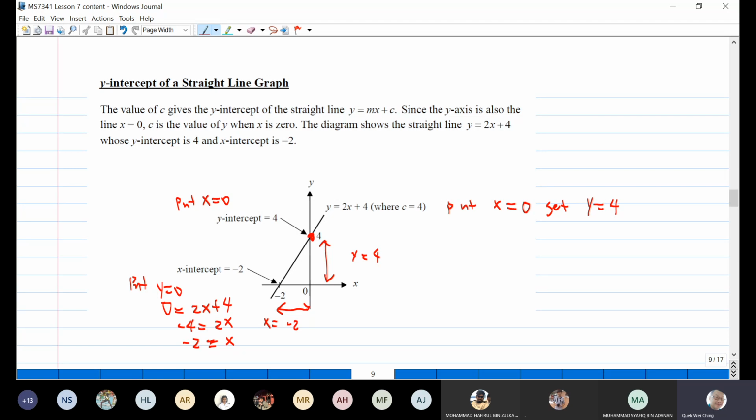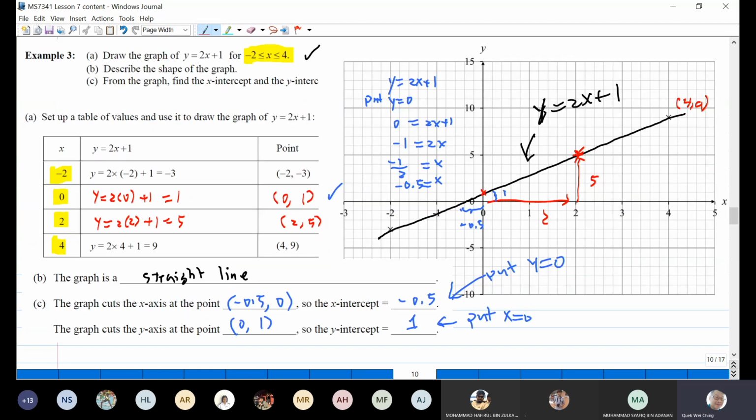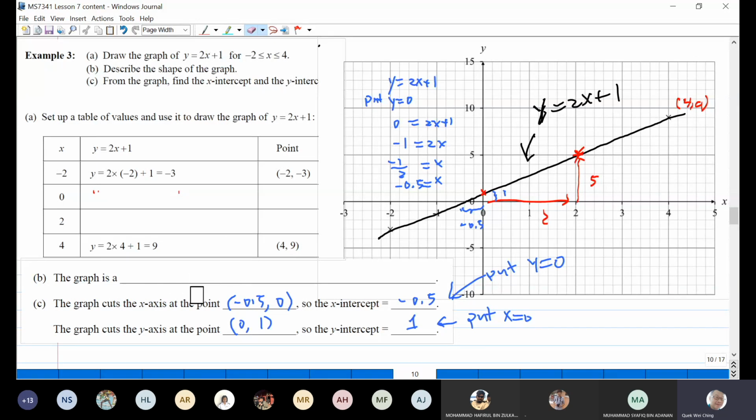Okay, so let's move on. Okay, this is a bit messy here, so I think I must clear this first before I move on to example 3. So let me clear this first and then work out everything from scratch. So this is actually example 3. So I want to clear everything so that it becomes something you can work on.